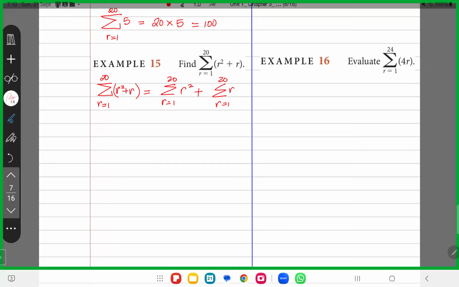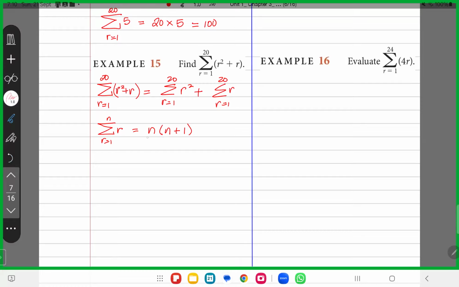Now, of course, each of these has a formula. Let me just write the formula for the sake of reminding persons. The sum from R equals 1 to N of R is equal to N into N plus 1 all over 2.